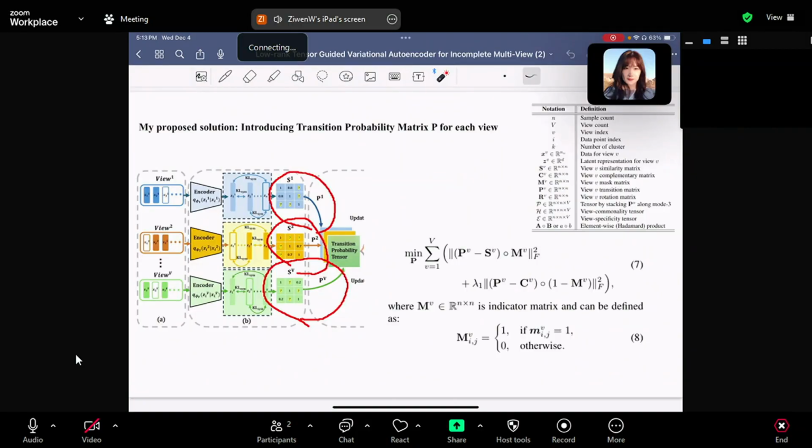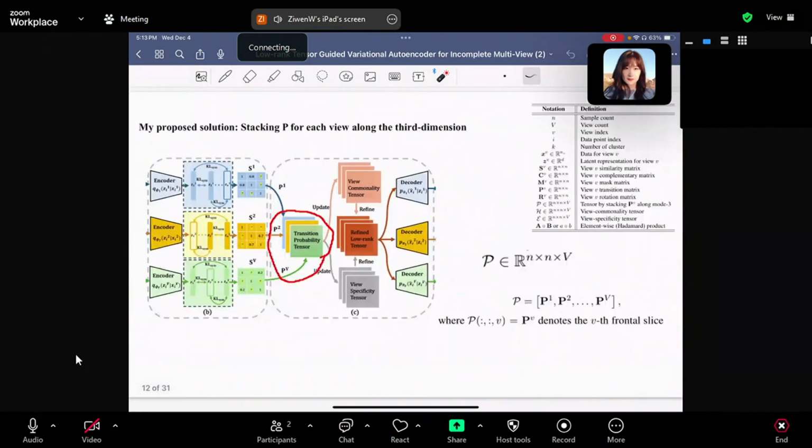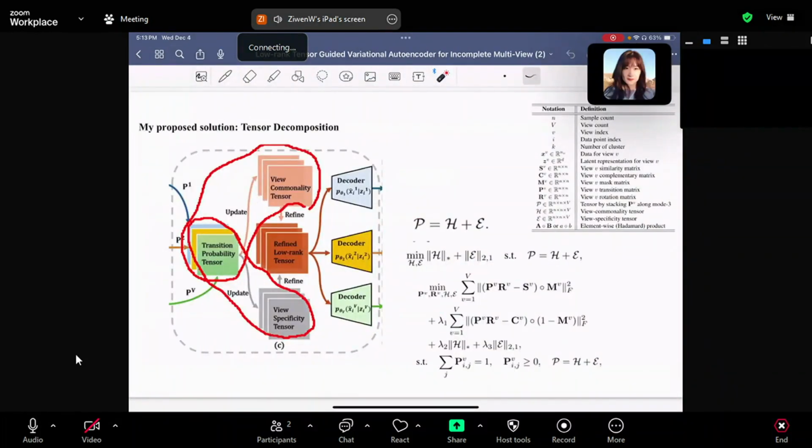And this gives a grounding to the similarity that is learned by the Kullback-Leibler divergence. Now we stack all the transition probability matrices into a tensor along mode 3, and then we perform tensor decomposition. These are all the steps of tensor decomposition.